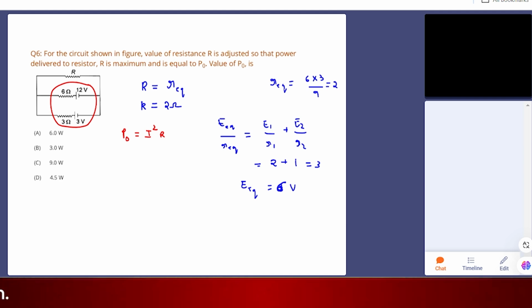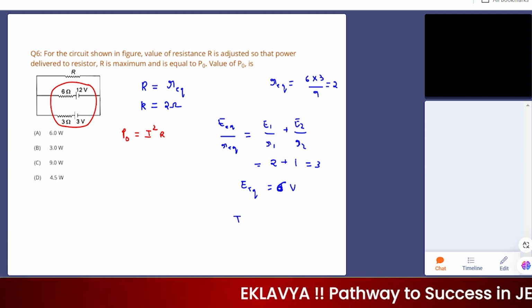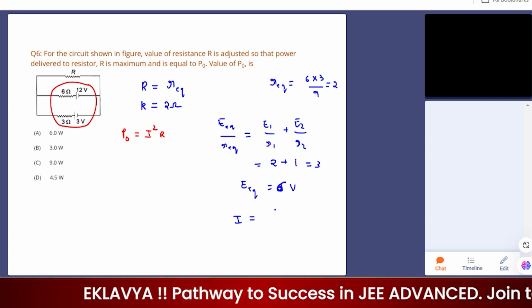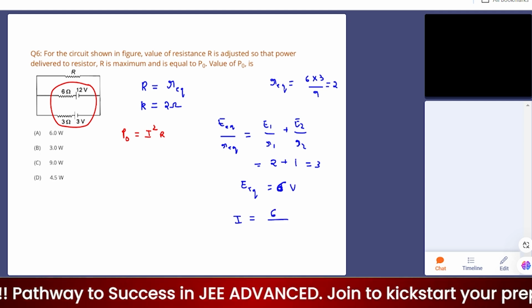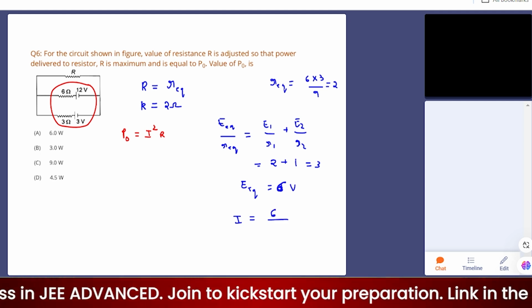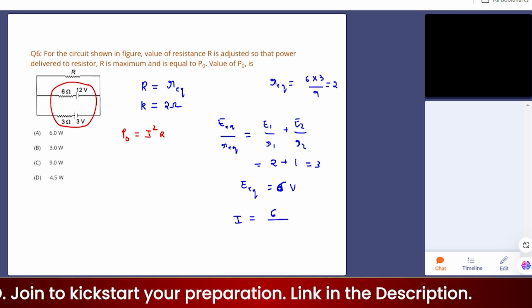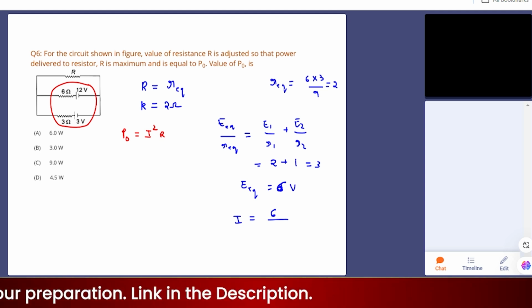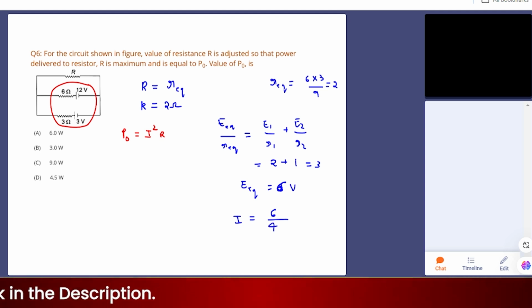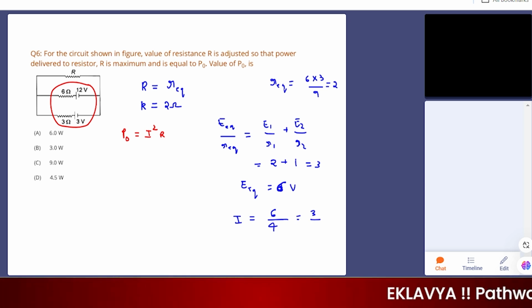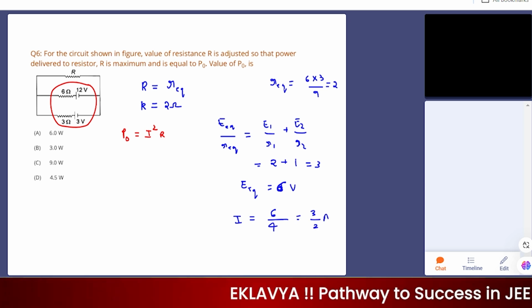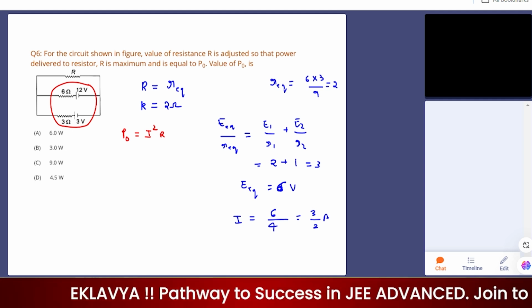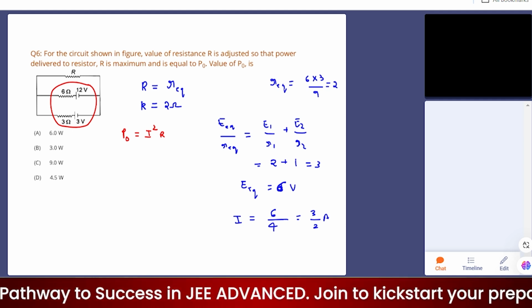Once we get the E equivalent, I need to get the total I. So total I will be equal to total E by total R. So this will be 6 divided by the equivalent internal resistance of 2 ohms plus the external 2 ohms, so total that will be 4. 6 by 4, which is 3 by 2 amperes. Now I have the I value, I'll substitute that back in this equation.